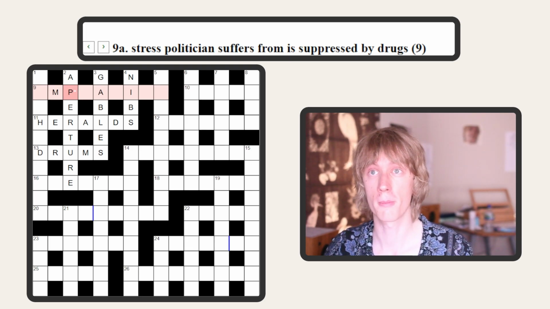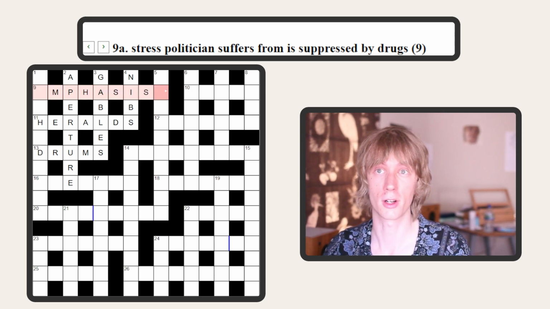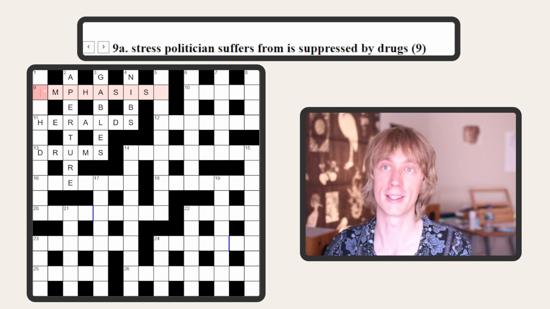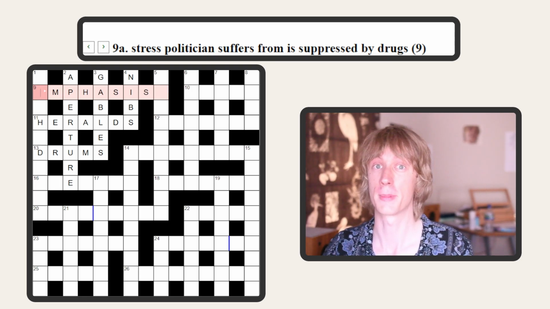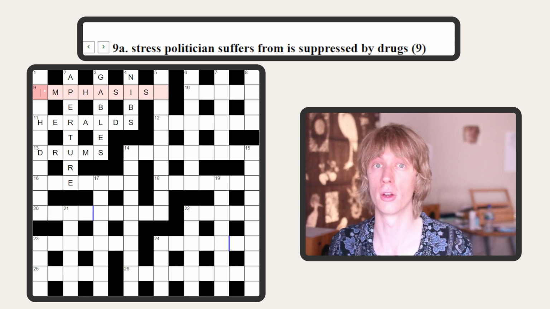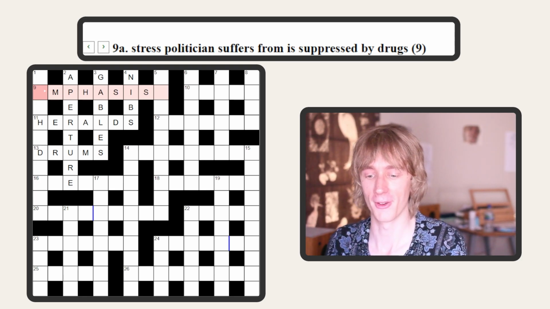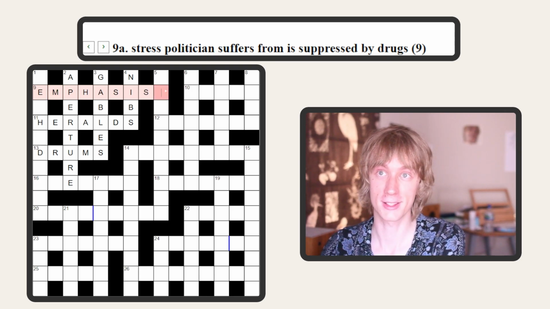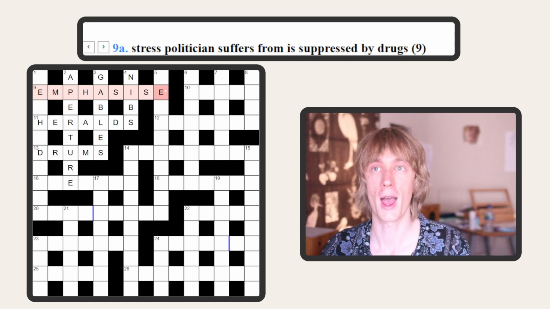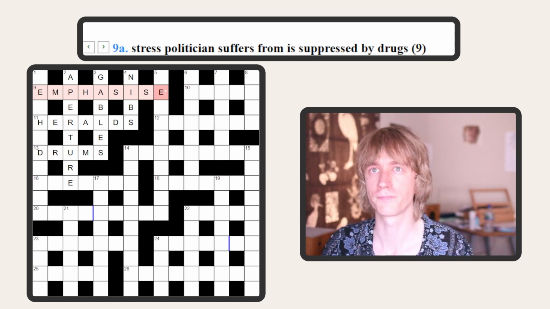So suffers from is has, and then is goes straight in the clue. And all of that is going to be suppressed by drugs. Well, drugs is abbreviated to EE, and that's because a drug might be an ecstasy pill, commonly referred to as E. So drugs to ecstasy pills are EE. So EE is suppressing MP has is, and we get emphasize. And if you stress a point, you emphasize it.